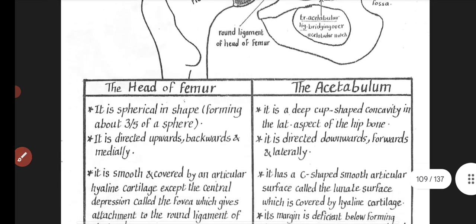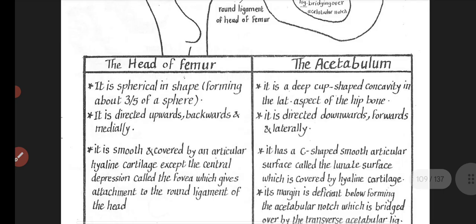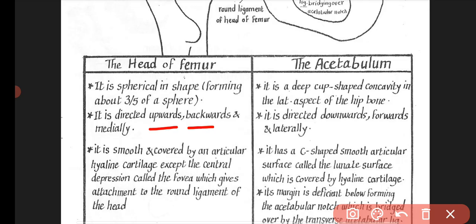Now the head of the femur is spherical in shape, forming about 3/5 of a sphere. Most important part, the head is directed upwards, backwards and medially. It is smooth, covered by articular hyaline cartilage except the central depression called the fovea.